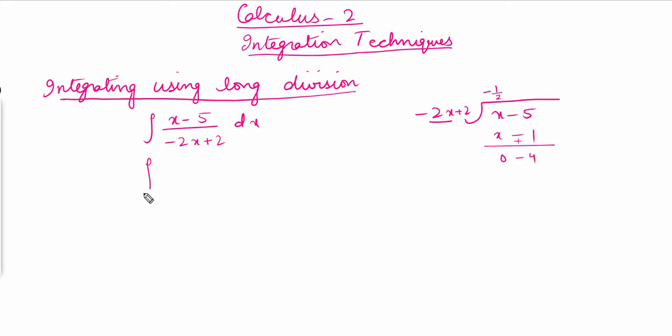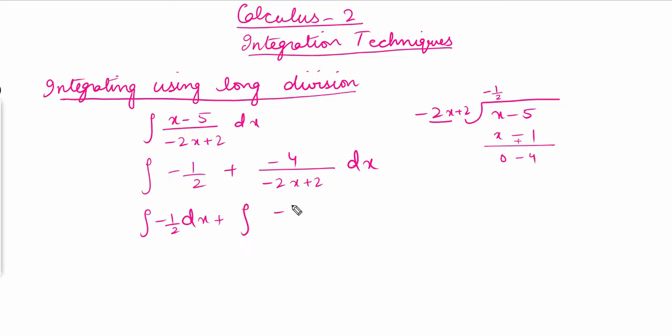So this expression will simplify to minus half plus minus 4 over minus 2x plus 2 dx. So now we can integrate it. The integration of minus 1 over 2 dx plus the integration of minus 4 over minus 2x plus 2 dx.